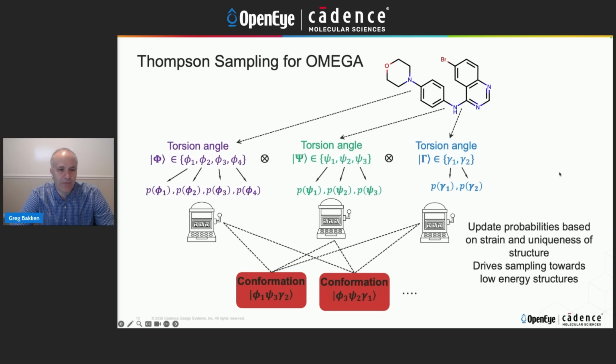And good or bad might be defined based on the strain of the conformation, how unique it is relative to the rest of the ensemble, etc. And based on that information, we update the probabilities for the priors for each of those torsional angles. So what we're trying to do is drive to using the torsional angles that are giving us the best conformations.